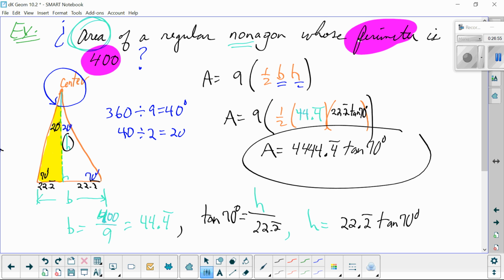And that's the final answer, and it's perfectly exact. If we wanted to, we could put that all in our calculator, and we get approximately 12,211.01 square units.